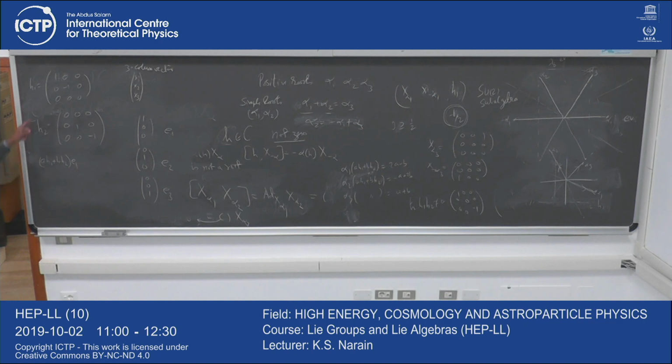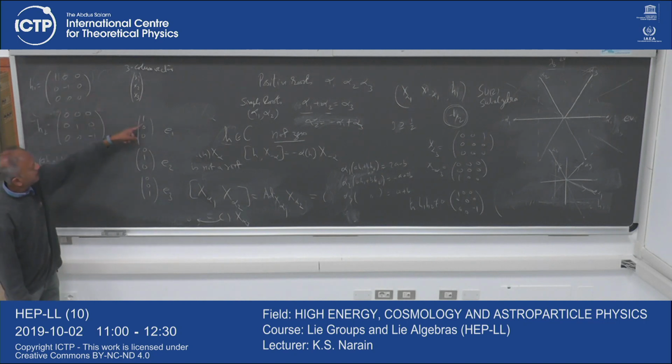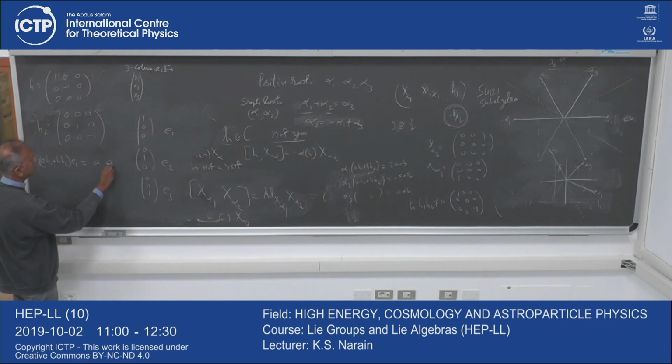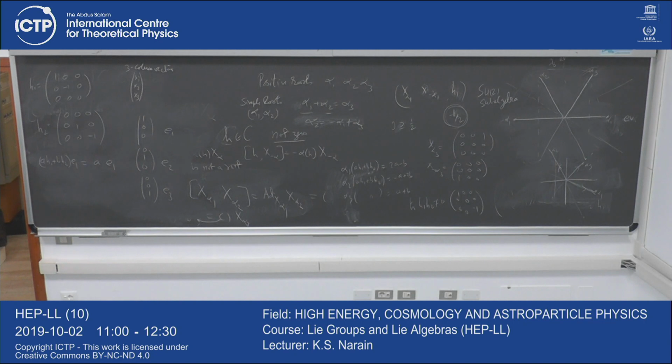Here you just get a times that, and the rest is nothing because the other entries multiply zeros. So this is simply a times E1 itself. Now take aH1 plus bH2 acting on E2.